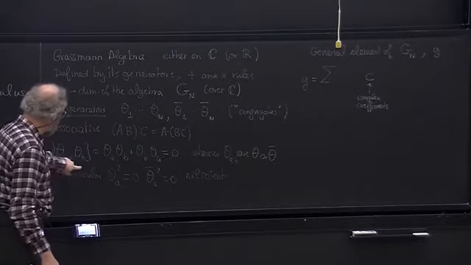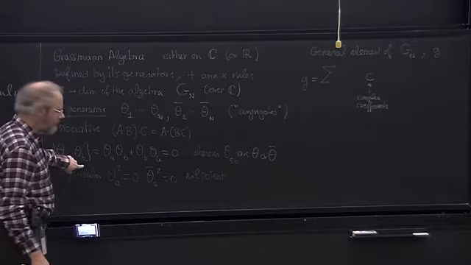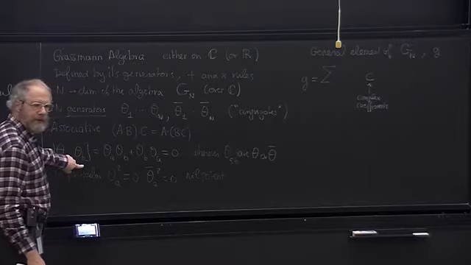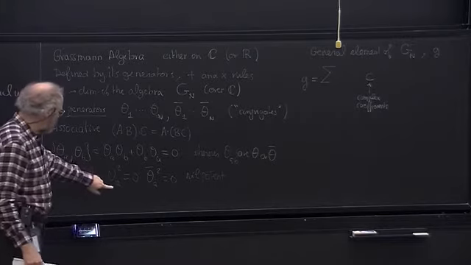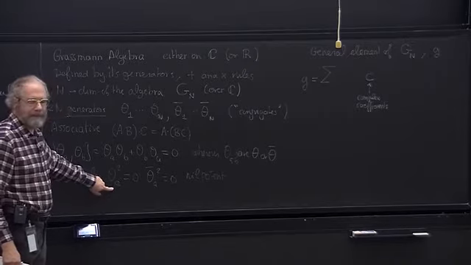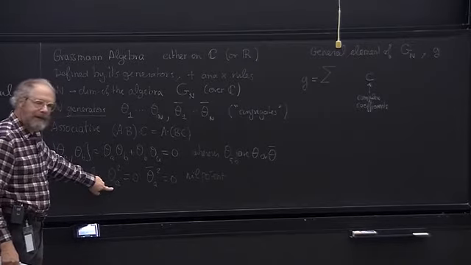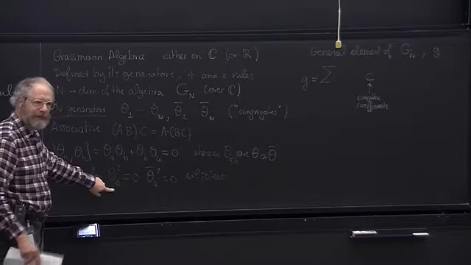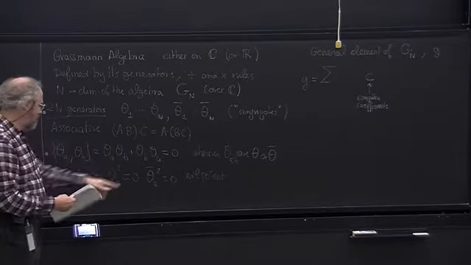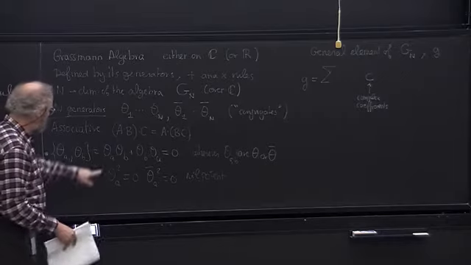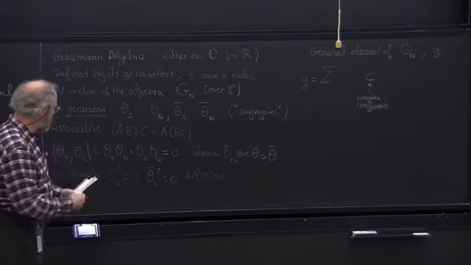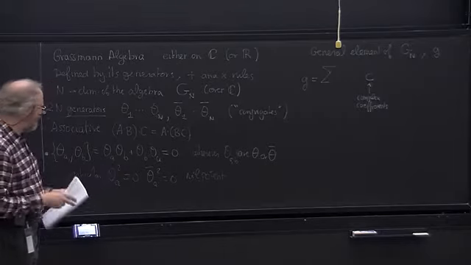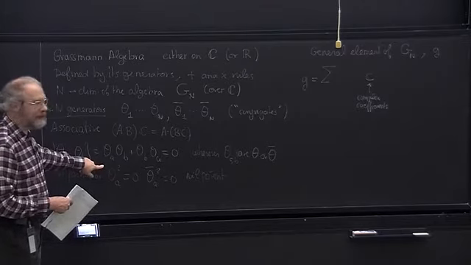But since the generators anticommute, you cannot have more than one theta of each sort in the products, because if you have two, you can anticommute and they go to 0. Moreover, you can always reorder the thetas using the anticommutation rule.